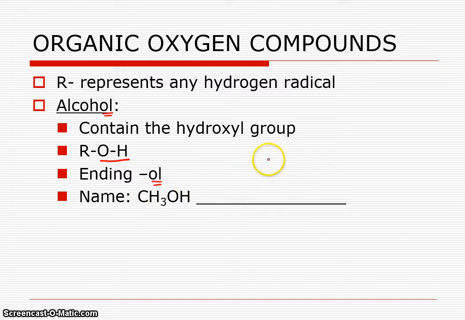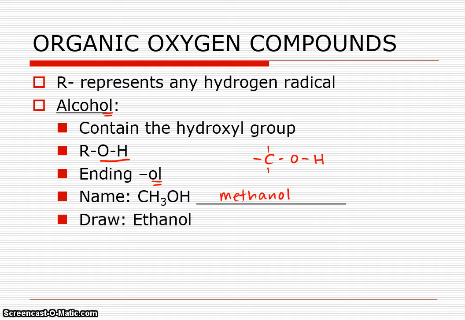So I have CH3, OH. I know that my prefix for one carbon is meth, so I'm going to call it methanol. So I'm going to take my methane and make it methanol.